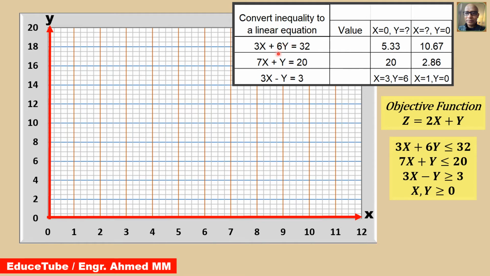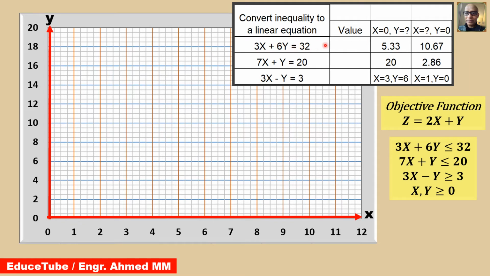So I did that. 3x plus 6y equal to 32. This is 7x plus y equal to 20. 3x minus y equal to 3. So for the first line, as I told, for the x-axis, we have to put y equal to 0 and there will be a value for x.